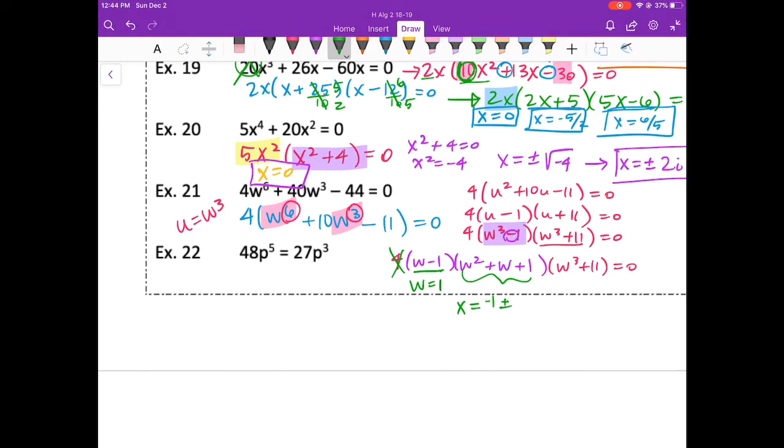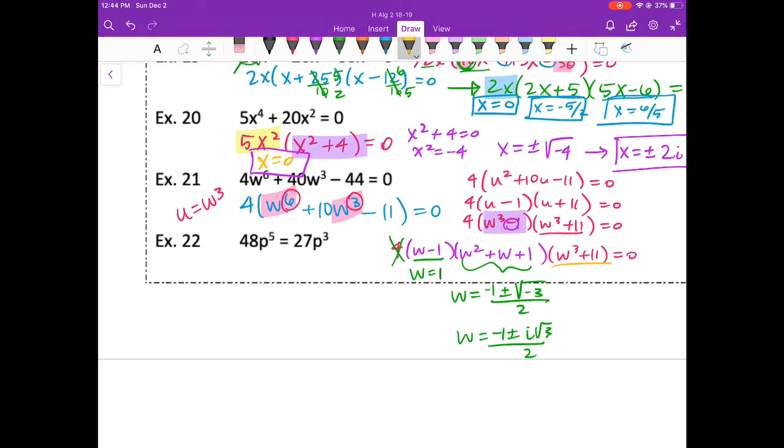So x equals, or I guess w, whatever, equals negative 1 plus or minus the square root of 1 squared minus 4 times 1 times 1, so minus 4. So under our radical, we'll have a negative 3, all over 2 times 1. And we'll call that instead negative 1 plus or minus i root 3, all over 2.